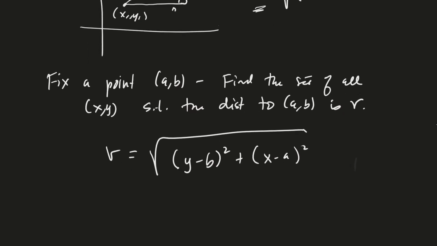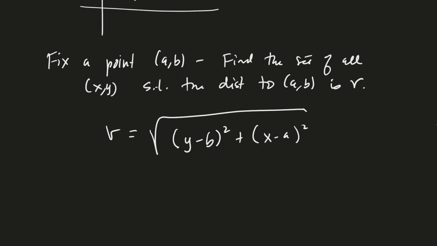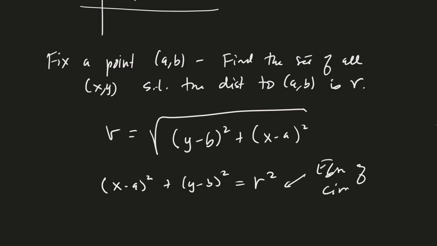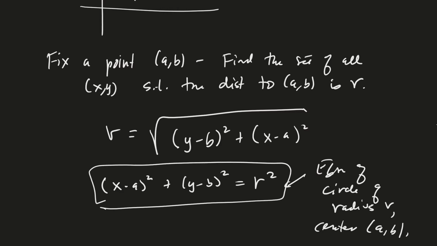Now if we manipulate this expression a little bit, we get that (x minus a) squared plus (y minus b) squared is equal to r squared. And this is the equation of a circle of radius r and center AB. And so that is indeed what a circle is.